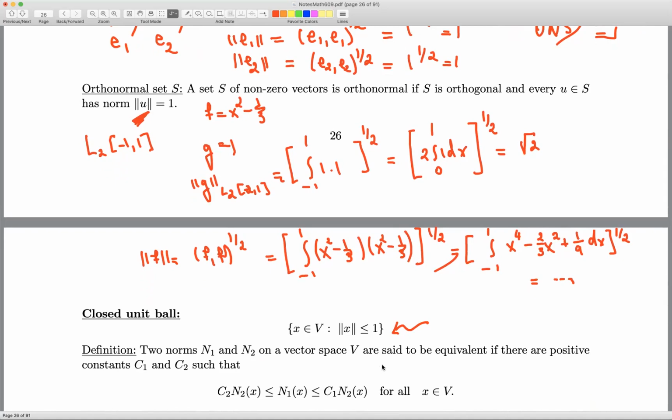Now, as I mentioned before, on one vector space we can have more than one norm.